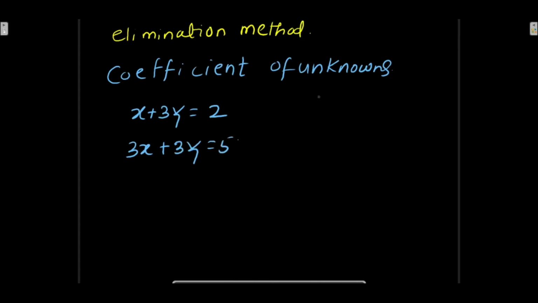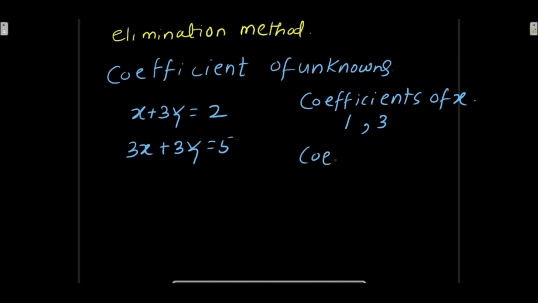In this case, what are the coefficients of x? You can see here the front value we are taking as a coefficient. Here 1, here 3. So you can write the coefficients of x as 1 and 3.